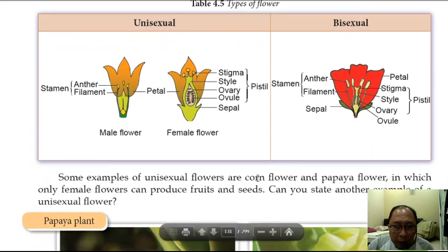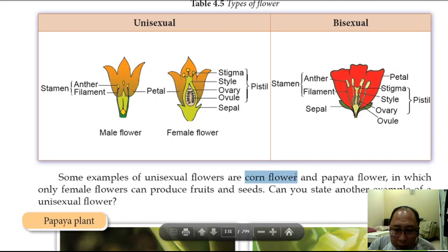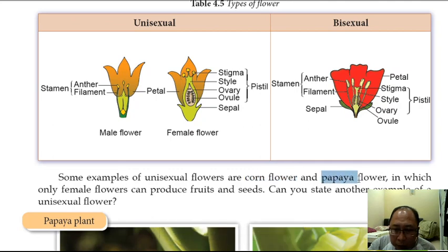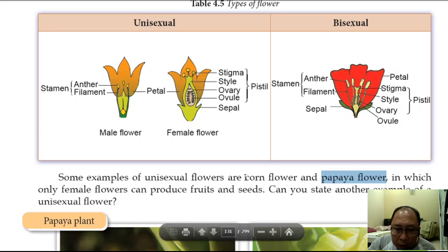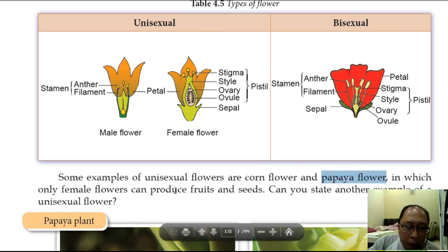Okay. Examples of unisexual flowers. Examples of unisexual flowers are corn flowers, papaya flowers. Okay, so you have to remember this one. Corn flower and papaya flower are examples of unisexual flowers.